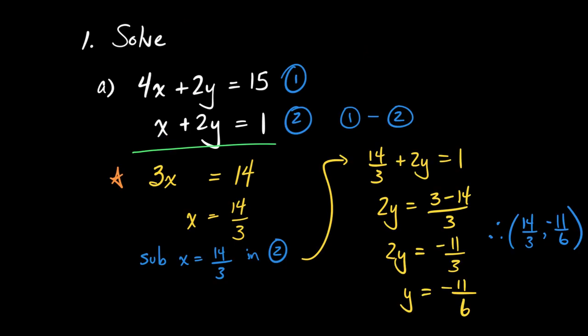Okay, I want to hop back and take a look at our solution from problem A. What you see on the screen right now is our solution from problem A. Now, if I zero in on the terms that have the same coefficient, this is going to tell me I can eliminate my y's right now by adding or subtracting. Both of them are the same sign.